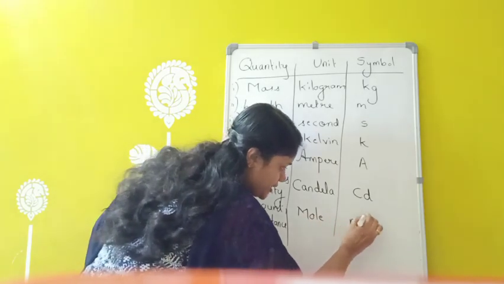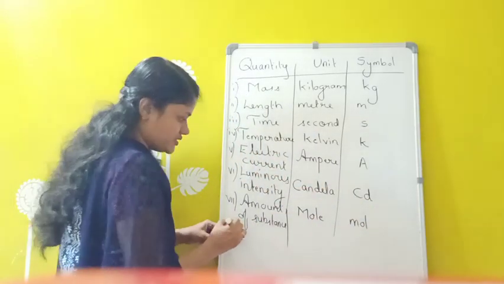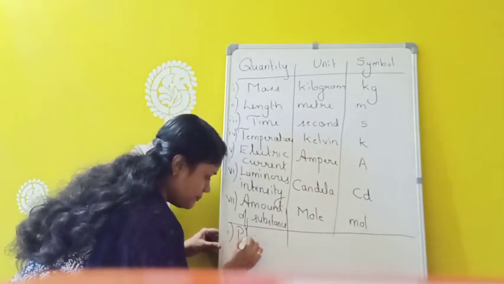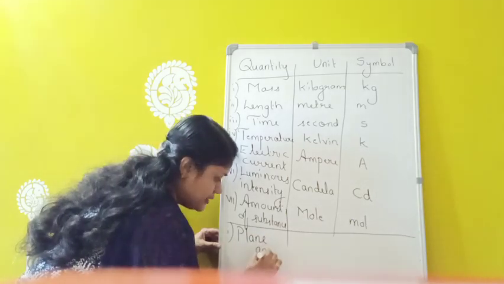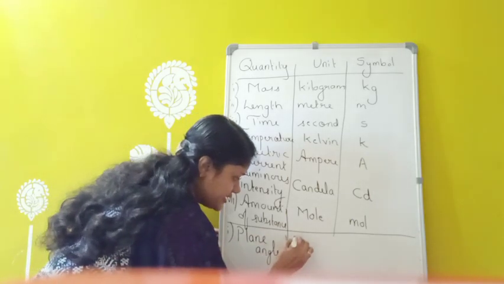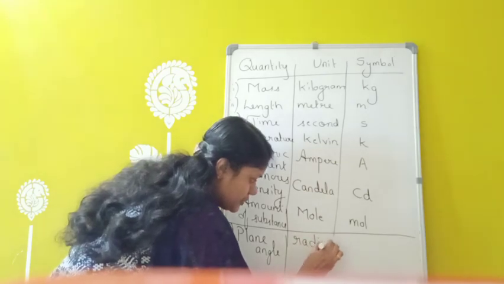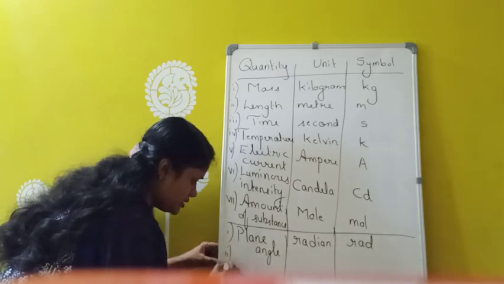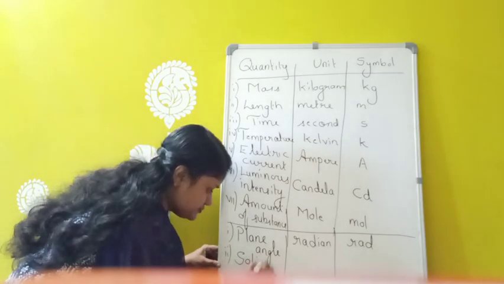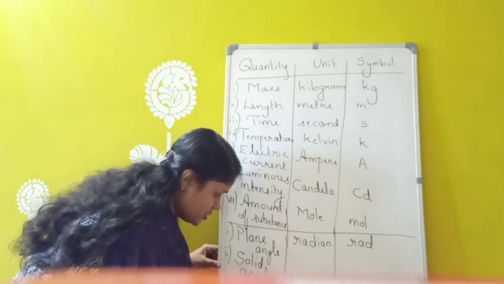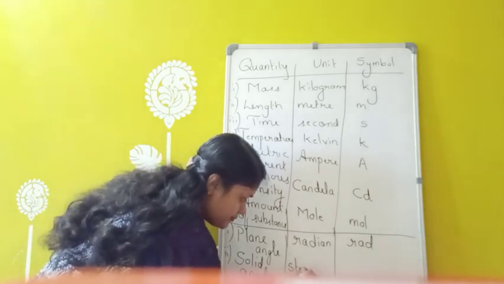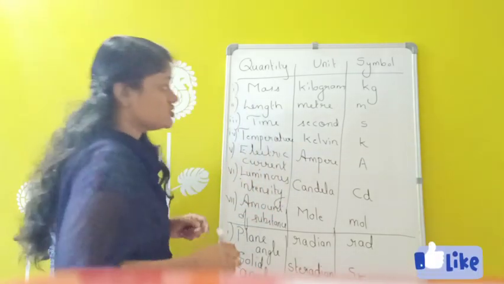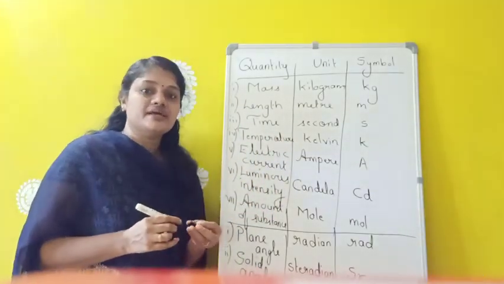Symbol is mol. Okay? Then two more quantities are there. One is plane angle. Unit is radian. Symbol RAD. Then one more, solid angle. Unit is steradian. Symbol is SR. So these are the fundamental quantities in SI system.